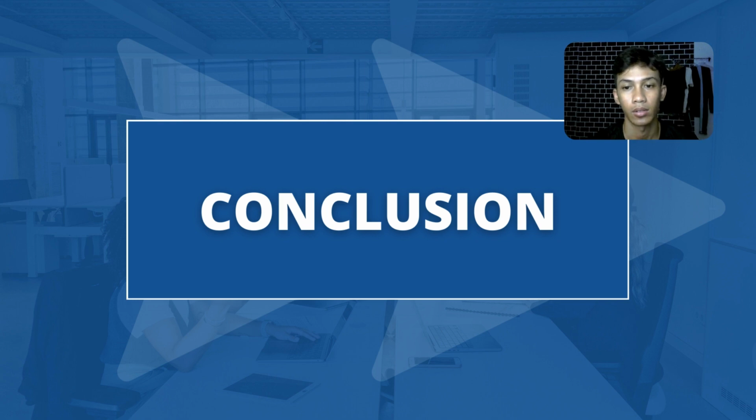Okay, in conclusion, deadlock presents a significant challenge in computer systems, leading to unresponsive behavior and potential system failure. However, by implementing effective prevention and avoidance strategies, such as resource allocation algorithms and dynamic resource management, we can mitigate the risk of deadlock.